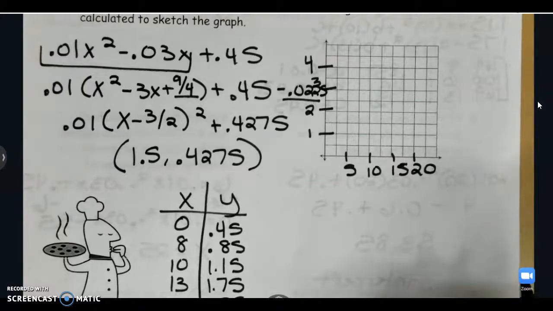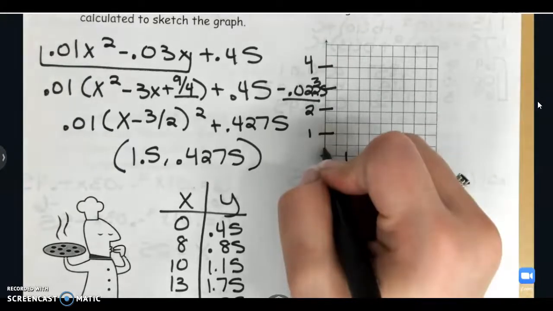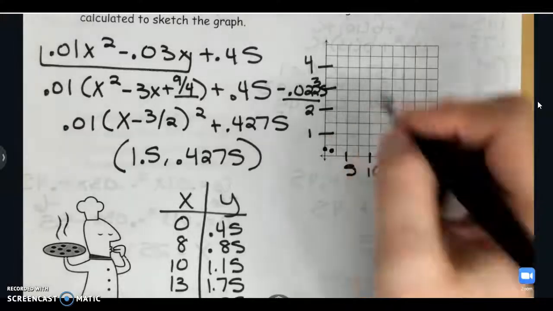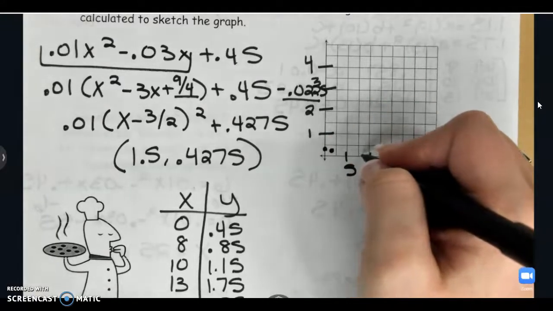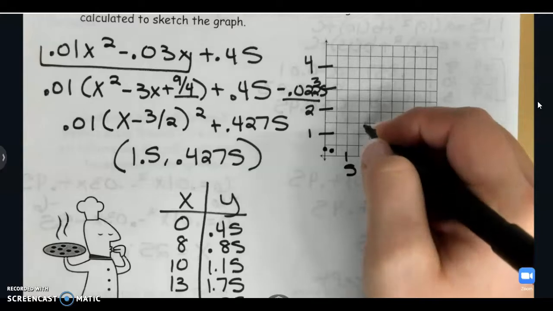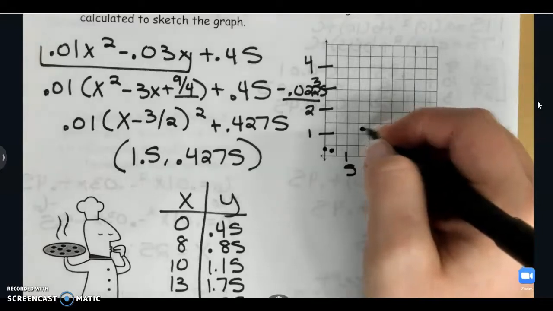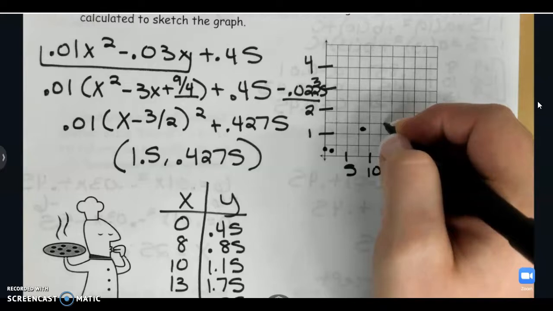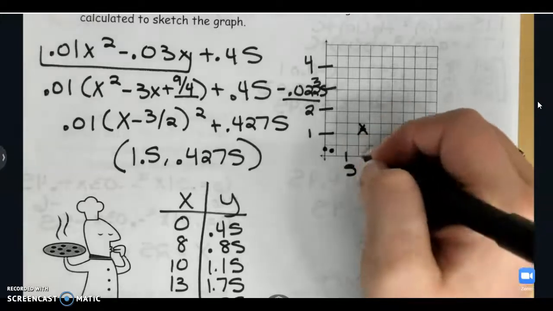And we're just going to have to kind of estimate here. So there's my 0. That's about where my vertex is. 8 is going to be somewhere over here. Oops, I apologize. That should be 85. That should be down here.